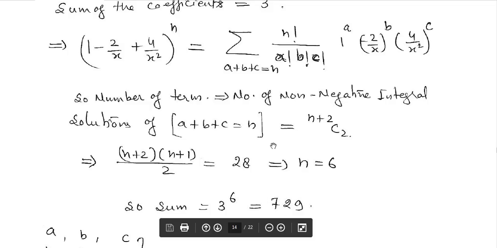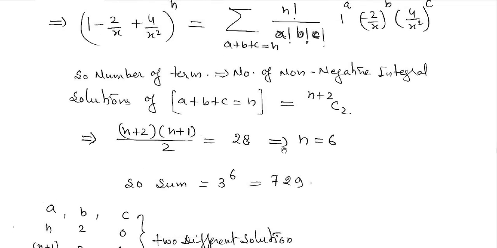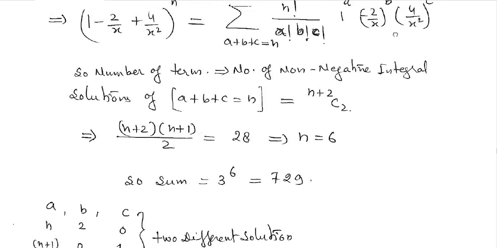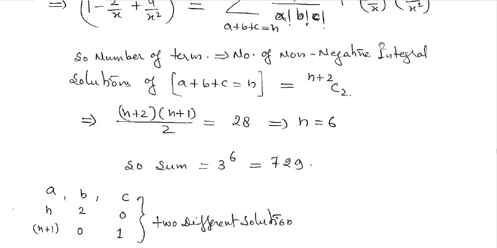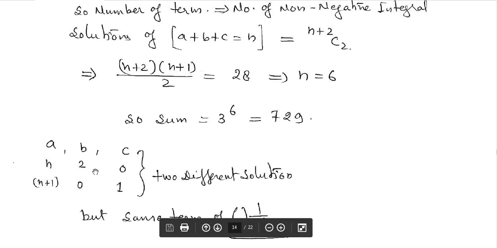But this is not correct, since what is wrong here is, look at this expression at this part. I have made two solutions, a, b, c, as a equal to n, b equal to 2.